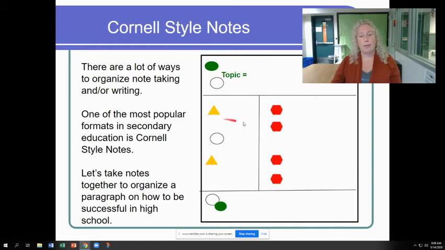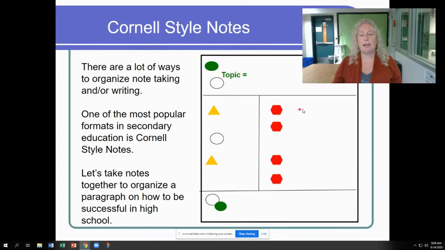Over here to the right of those yellow triangles, you can see I have red octagons. Sometimes I use red squares if I am drawing by hand because I'm not really good at drawing octagons. But since I'm using the computer, I thought I'd get fancy and use the octagons here.